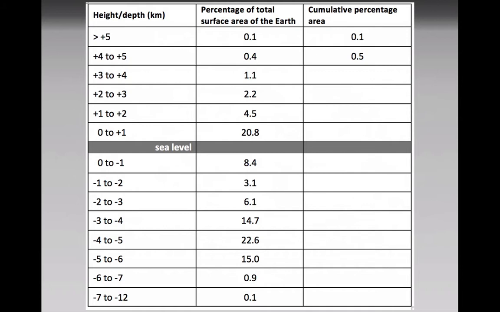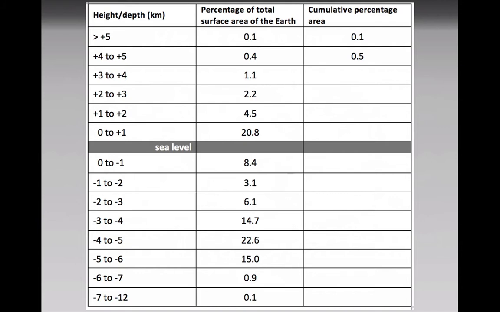Now what I want us to be able to do is to plot a graph of this, but it's a very particular type of graph called a cumulative frequency graph. To work this out, we need to start with the percentage area at the top of this data.